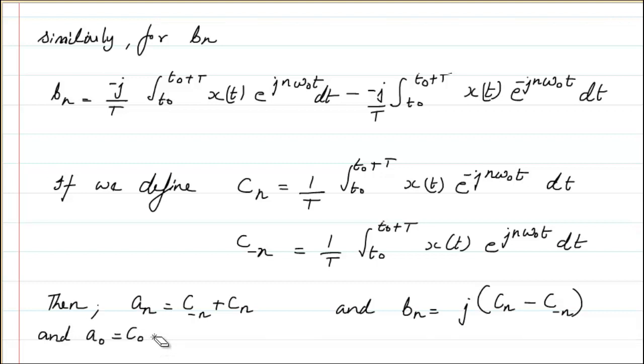This information is something that I will now use to rearrange my A of n, B of n and A naught, which is all based off C of n. I can write everything now with respect to C of n and C of minus n, correct? So let me substitute that.